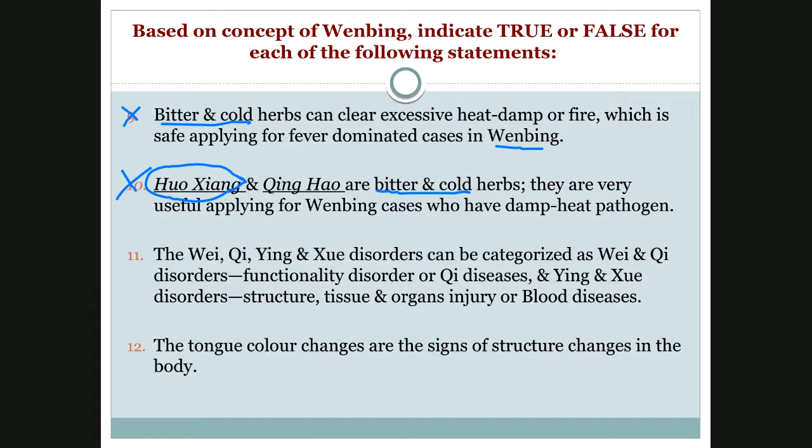Just to remind you, these two specific herbs are very useful to apply in Wenbing damp heat pattern disorders clinically. They can vent the heat out to the more superficial layer without damaging body fluid, without causing severe damage to the spleen qi. They're very gentle.